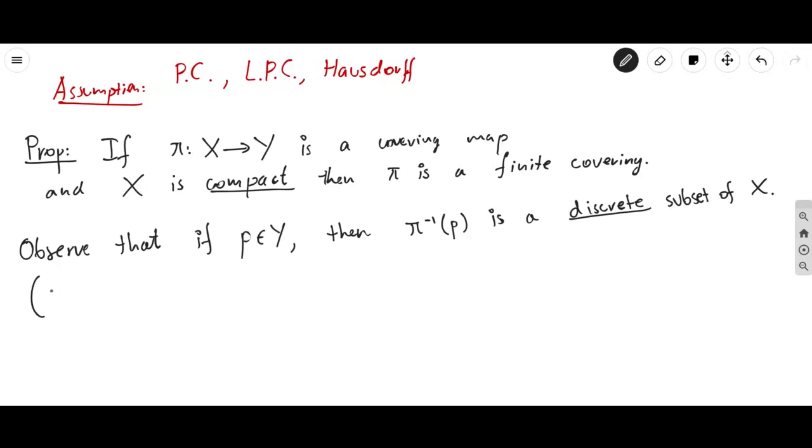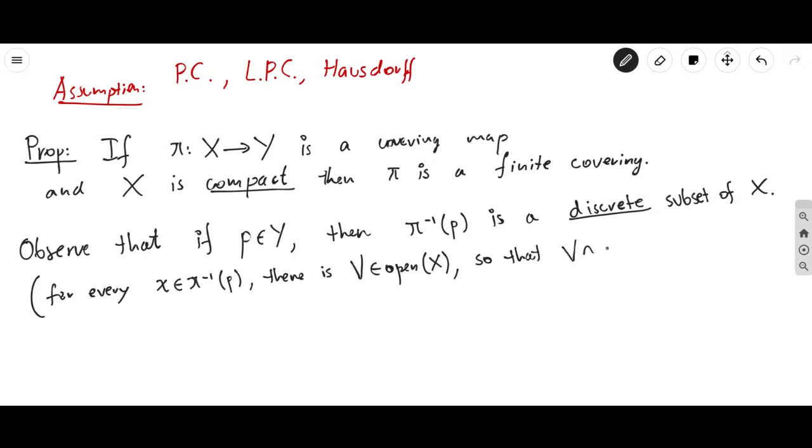It means that for every x in the fiber, there is an open set v in x so that v intersect pi inverse of p, the fiber, is just x.